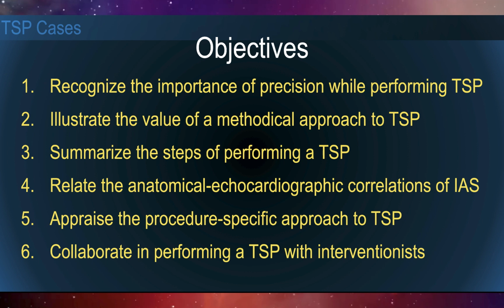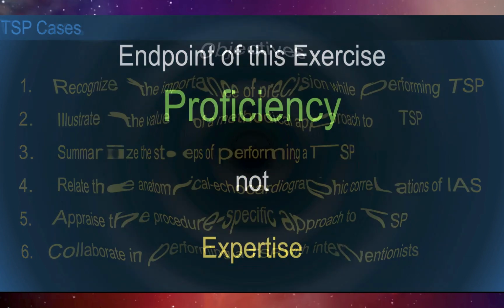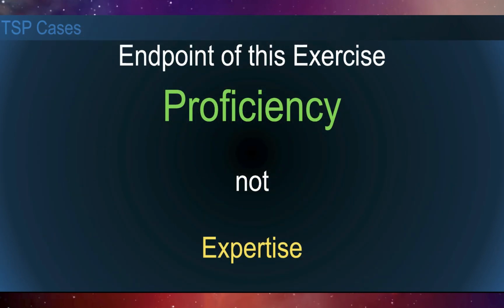And finally, the most important, to enhance communication to collaborate in performing a Trans-Septal Puncture. So this seems like six different objectives, but that's the purpose of our training for Trans-Septal Puncture. And the goal of our training, as Aidan said, is proficiency and not expertise, which means we want you to be a safe pair of hands in guiding the Trans-Septal Puncture.